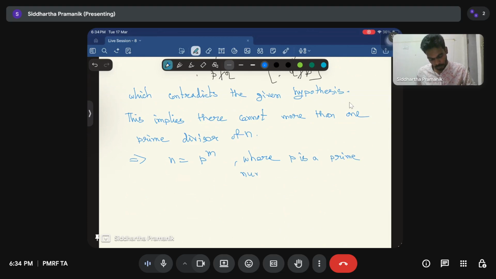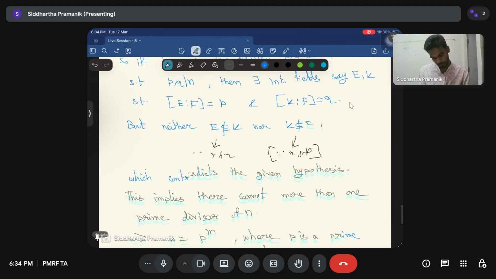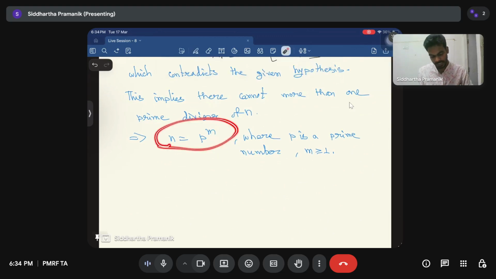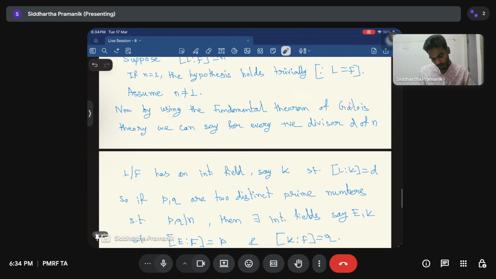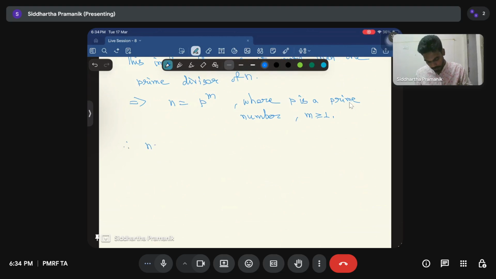So it has only one prime factor. In fact, the Galois group is a cyclic p-group. So this is the possibility: n is either a power of a prime or n is 1. So there are only two possibilities. That means n is 1 or some prime power.